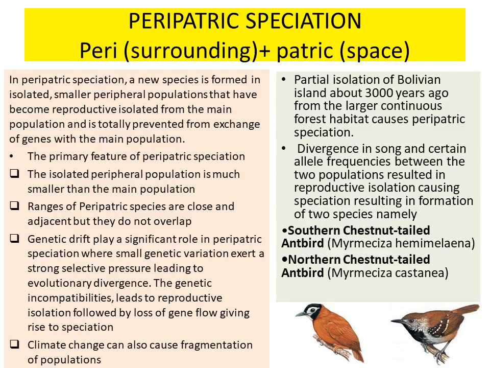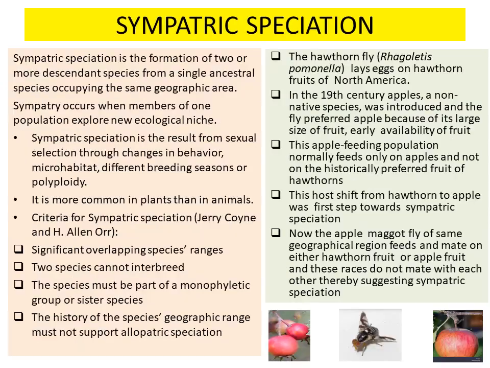These 2 antbirds, that is the southern chestnut-tailed antbird and the northern chestnut-tailed antbird, do not mate with each other. Why? Because there is a divergence in the song and certain allele frequency between these 2 populations, as a result of which reproductive isolation is created and they form 2 different species.